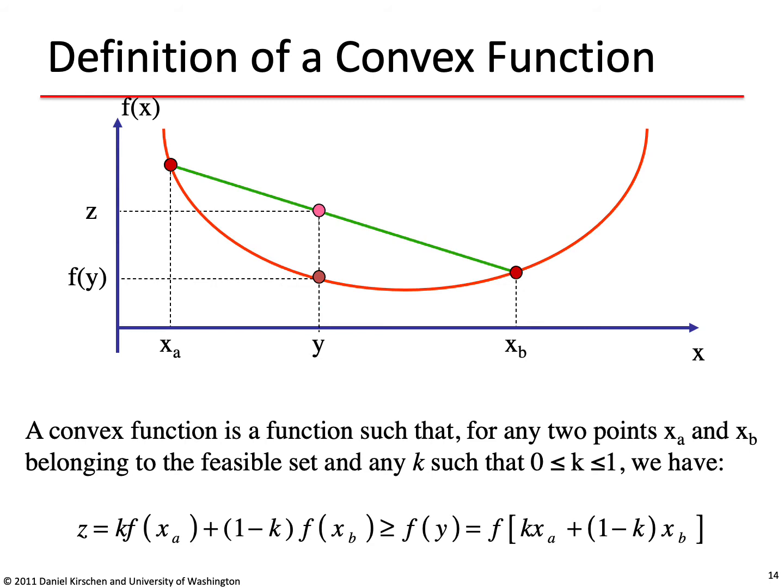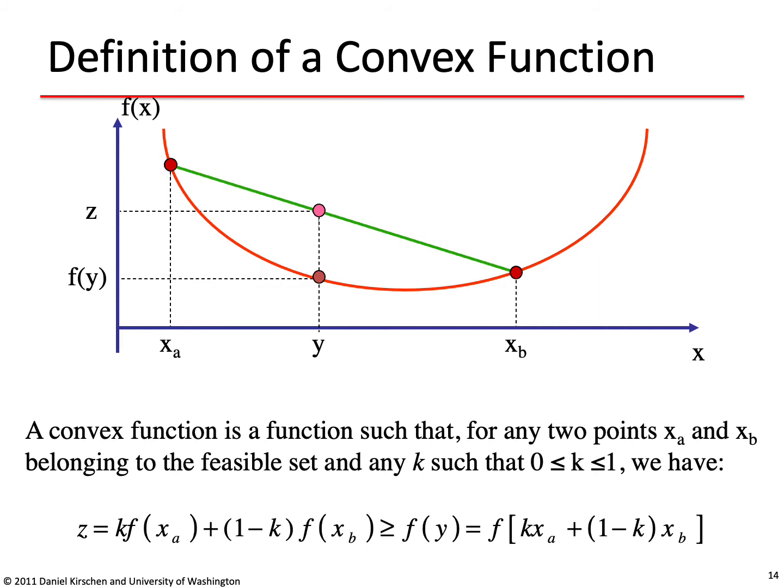So for example, if I have a point y, any point y, between xa and xb, I can define y as being k xa plus 1 minus k xb, where k is a scalar between 0 and 1.